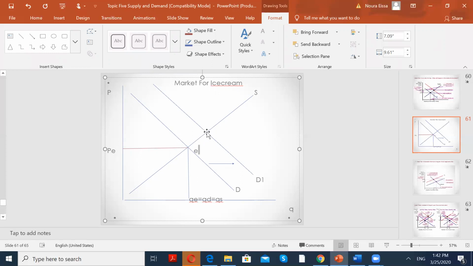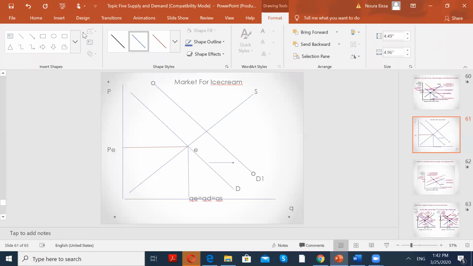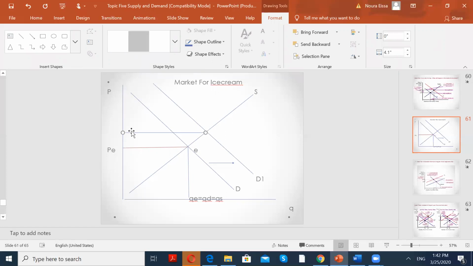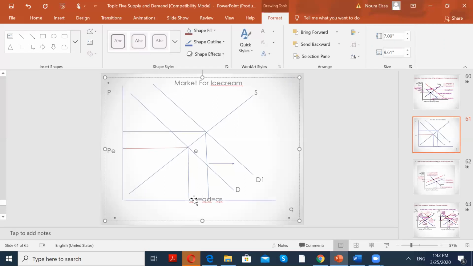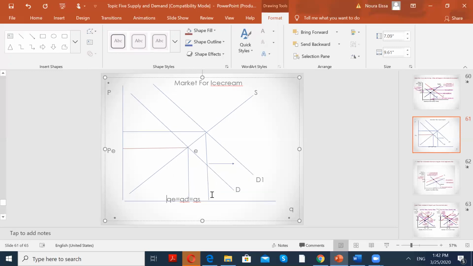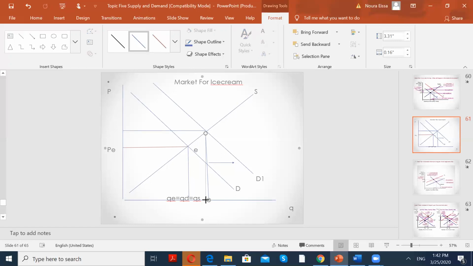فين بيتقابلوا supply و demand؟ في ال new shift right here. يبقى هنا لازم أقول okay right here. Okay it's here. Okay, right here.